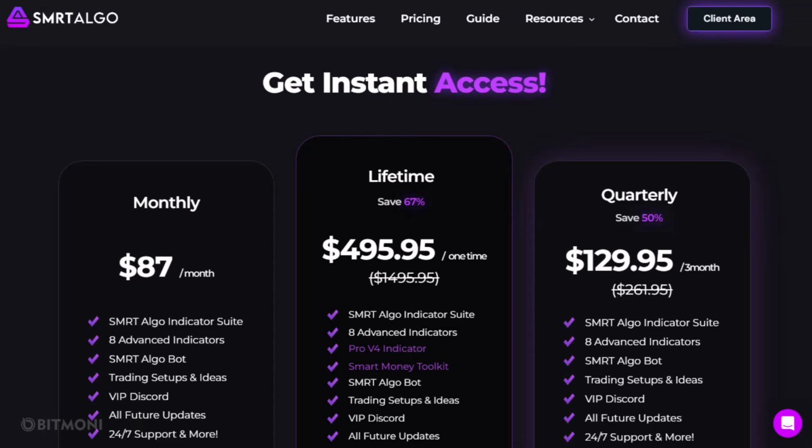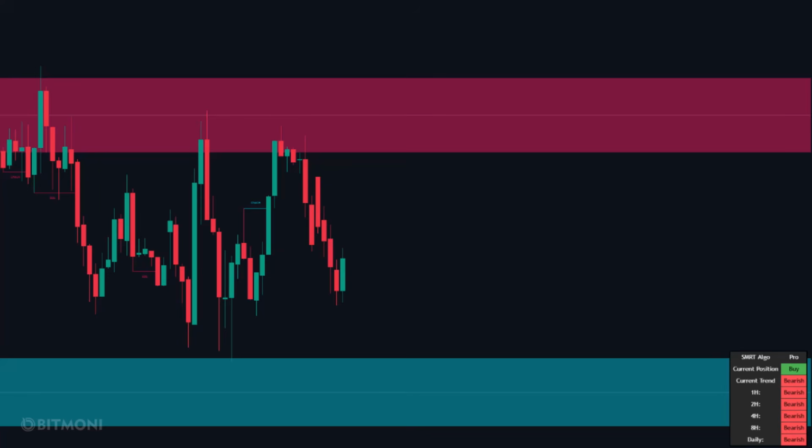Now, let's look at a bearish example. On this chart, you can see that the price breaks this high aggressively. Then we see the Pro V3 indicator print a bullish break of structure. And then the break of structure was immediately followed by a clear rejection candle, signaling a potential reversal from that area. Moving forward, we also have this strong bearish candle, which indicates a shift of momentum to the downside.